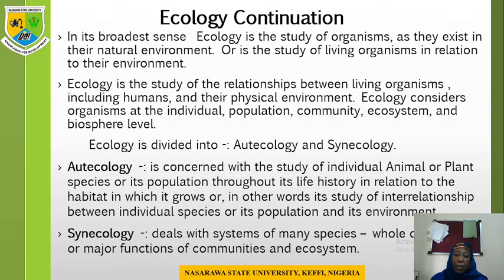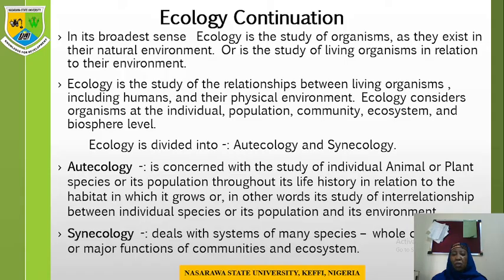So ecology can be divided into two: autecology and synecology. Autecology is concerned with the study of an individual animal or plant species, or its population, throughout its life history in relation to the habitat in which it grows. In other words, it is the study of the interrelationship between an individual species or its population and its environment.